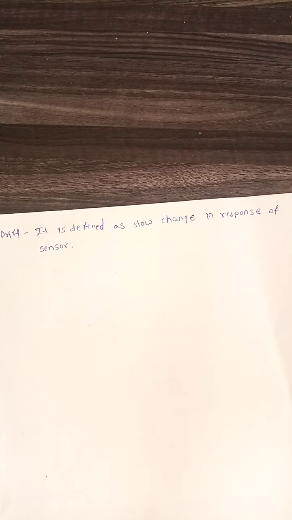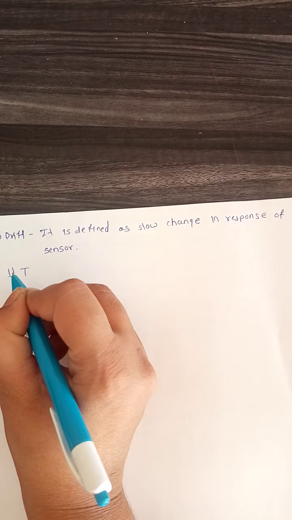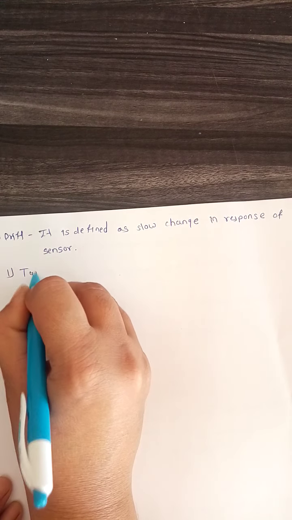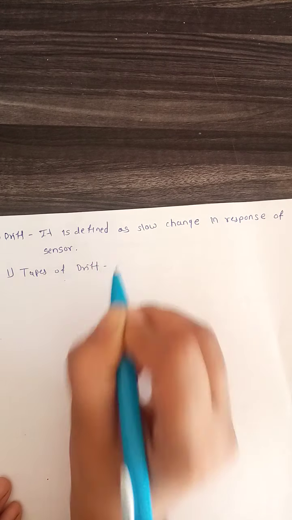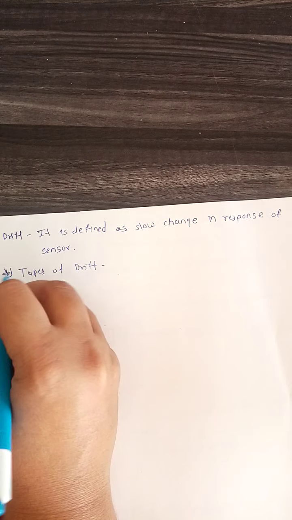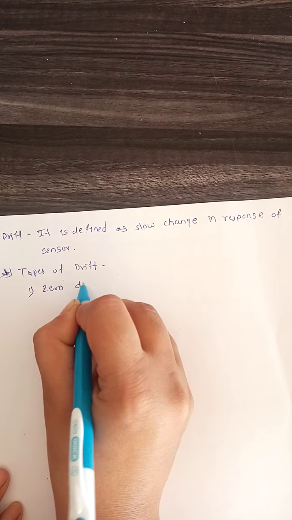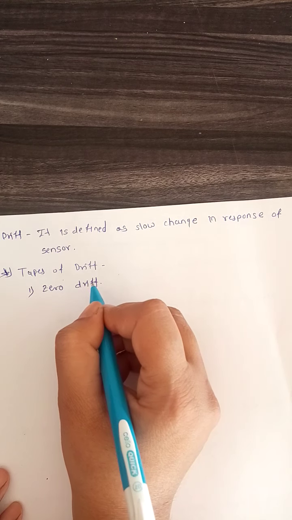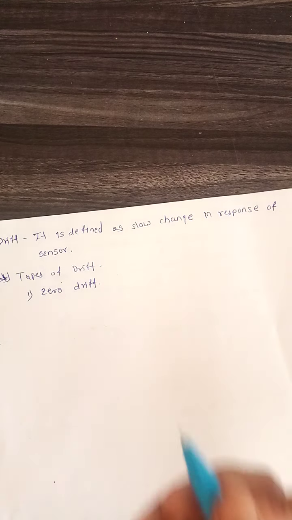Then what are the types of drift? There are various types of drift. The first will be the zero drift. What is the zero drift?